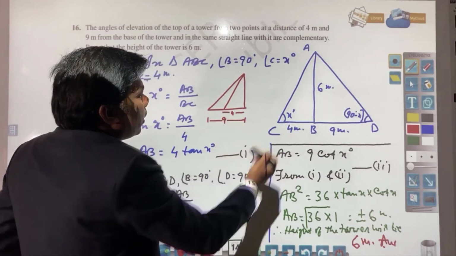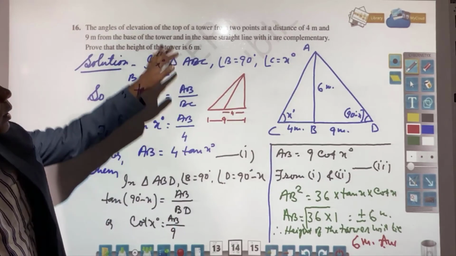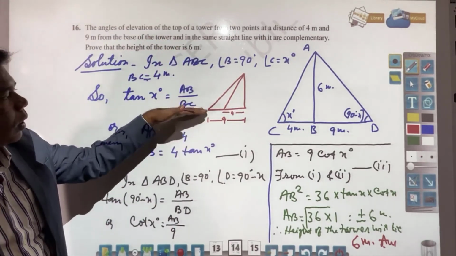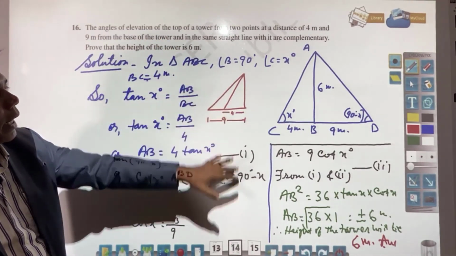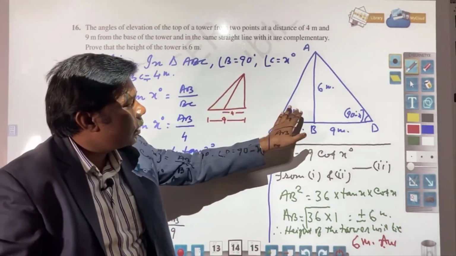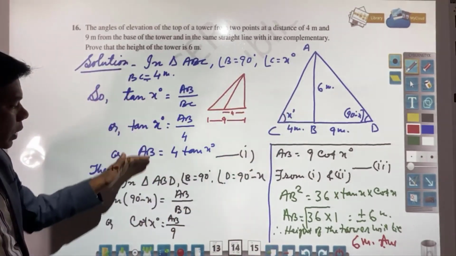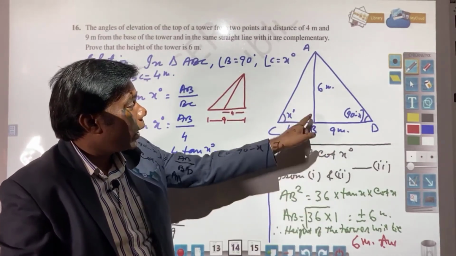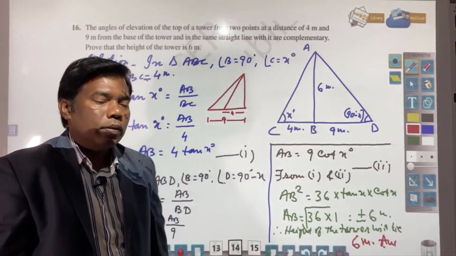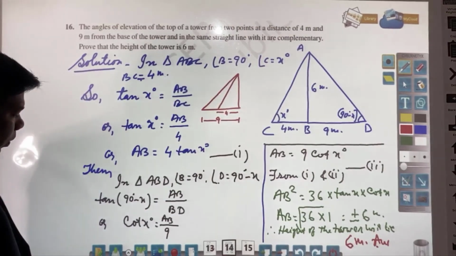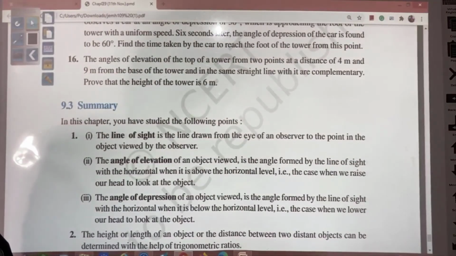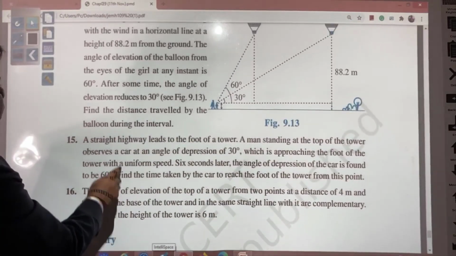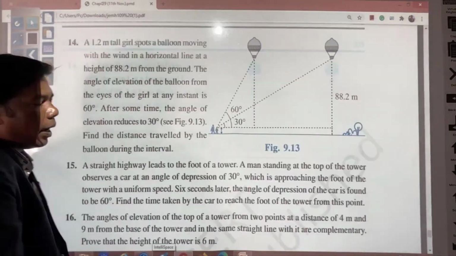Because the side has not been given, only that they are on the same line, any figure can be drawn. But if you solve this, lastly you will get 6 meter, and this you had to prove, and you have proved. So in this way we have completed our exercise 9.1, and each and every question has been solved.